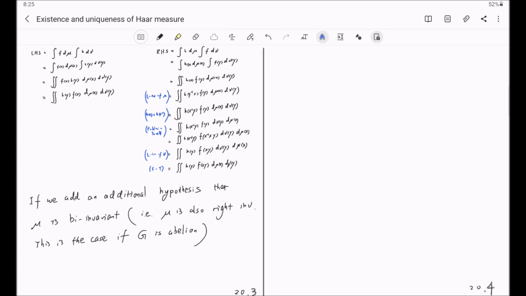If we have this additional hypothesis, then if you look at the last line of the left-hand side, which is equal to, since this h of y is a constant, if we consider the inner integral, now we have the right invariance of mu. If we use the right invariance of mu here, we can see that this integral is equal to this one.